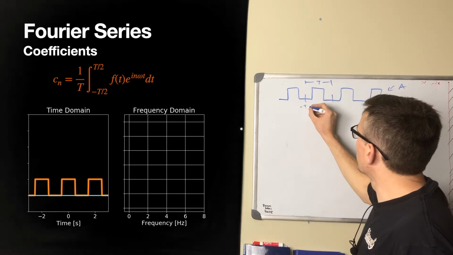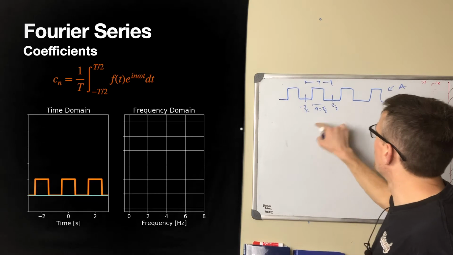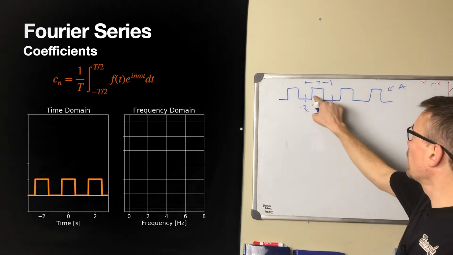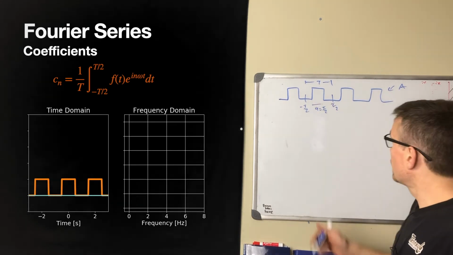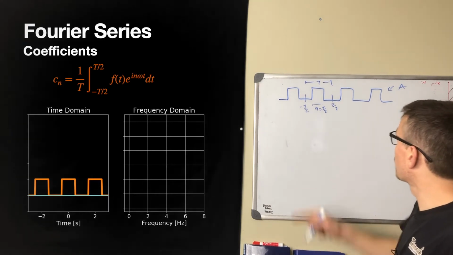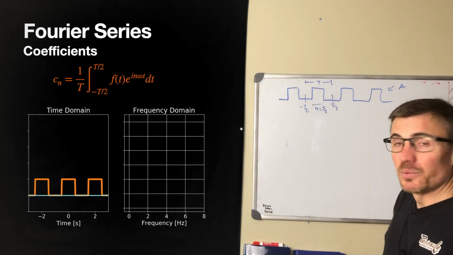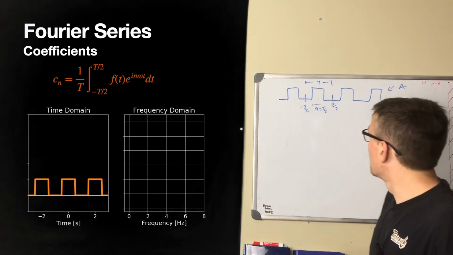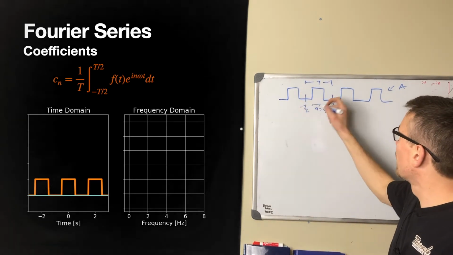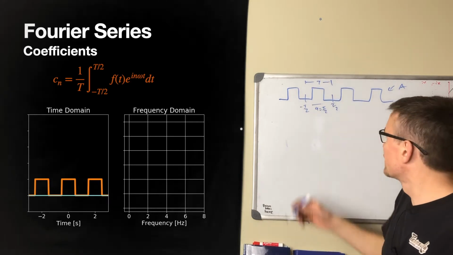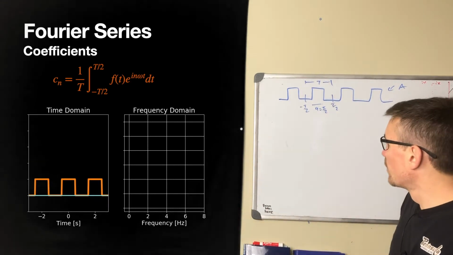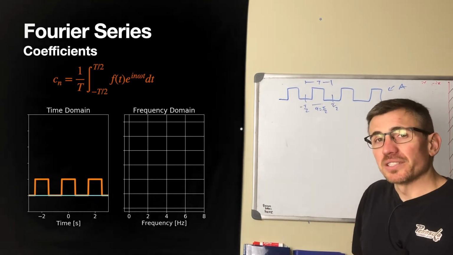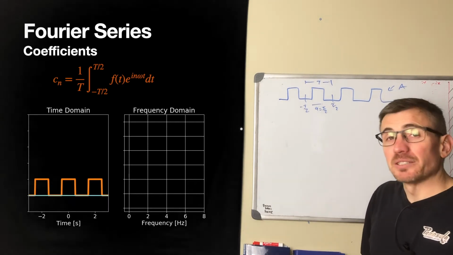So we're at minus T over 2 to T over 2. And half of that, it's on. The other half, it's off. This is a nice symmetric square wave, which does not look much, to me at least, like a sum of sines and cosines. It has these sharp edges, square, not this curve. So let's actually calculate the coefficients and see what sines and cosines make this up.